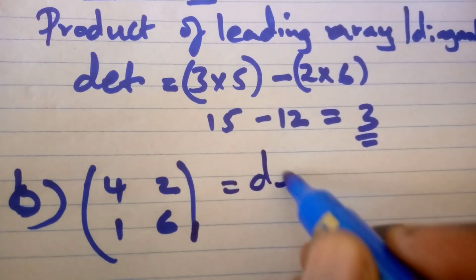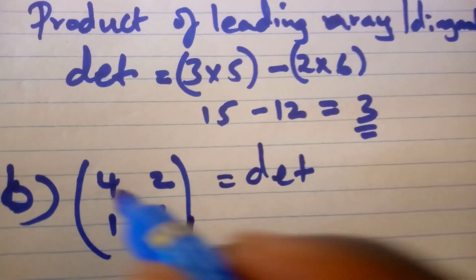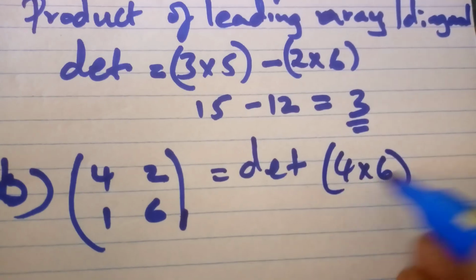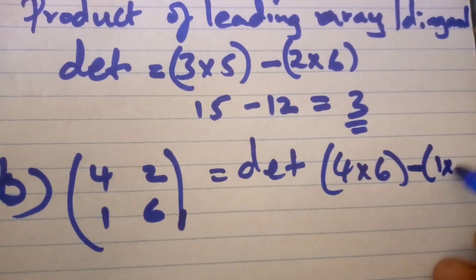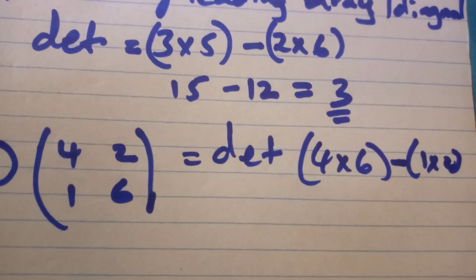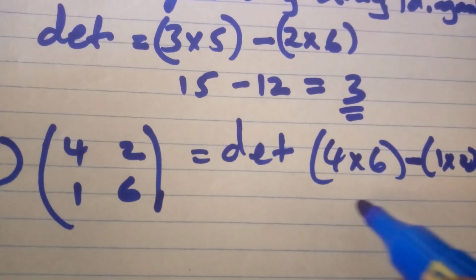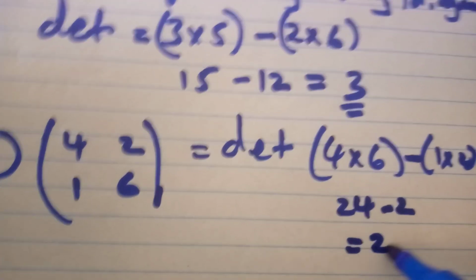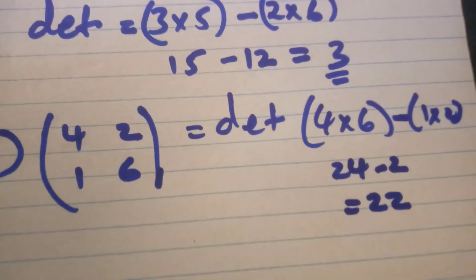Here the determinant will be 4 times 6, subtract 1 times 2. That means this is 24 minus 2. The determinant there is 22.